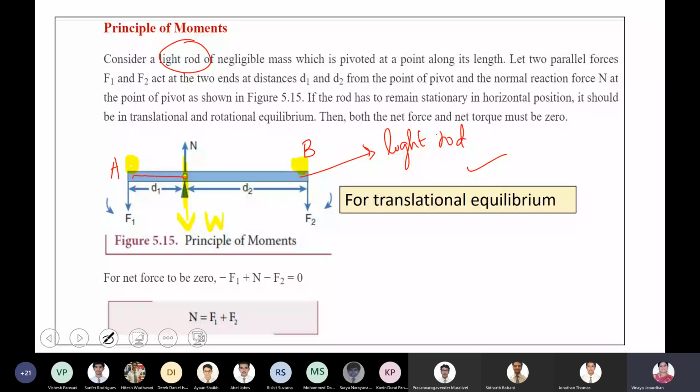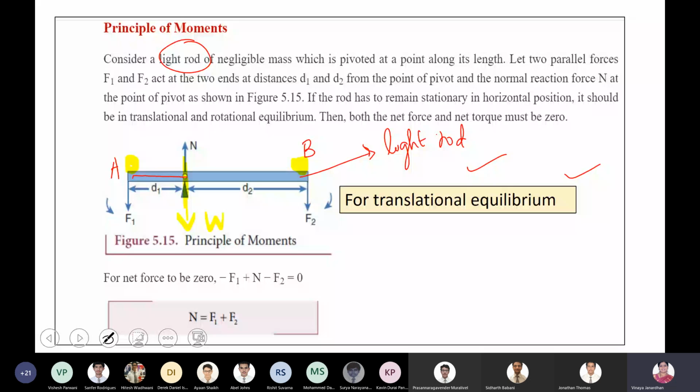Then you are keeping this entire metallic rod on a knife edge, right? So about the knife edge, the body is going to rotate. Is that clear? Suppose you don't want the body to rotate. For translational equilibrium, it should not move. Translational equilibrium means the body should not move in the upward direction, the downward direction, or sideways.